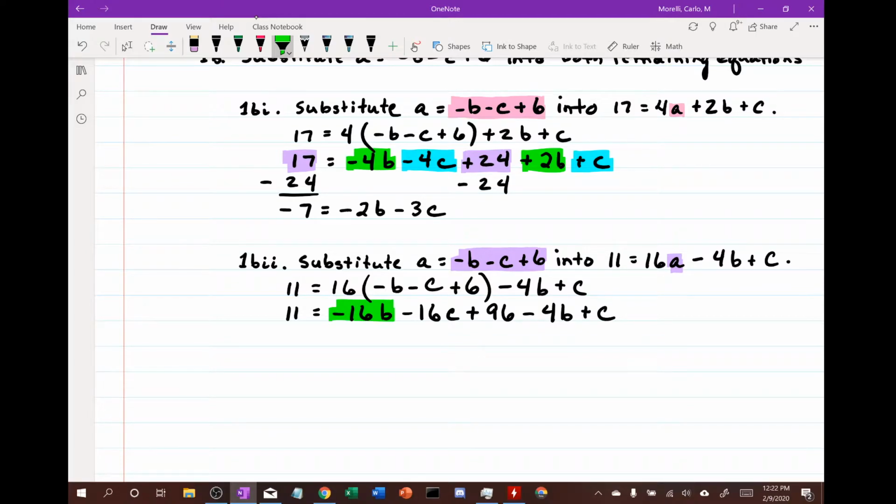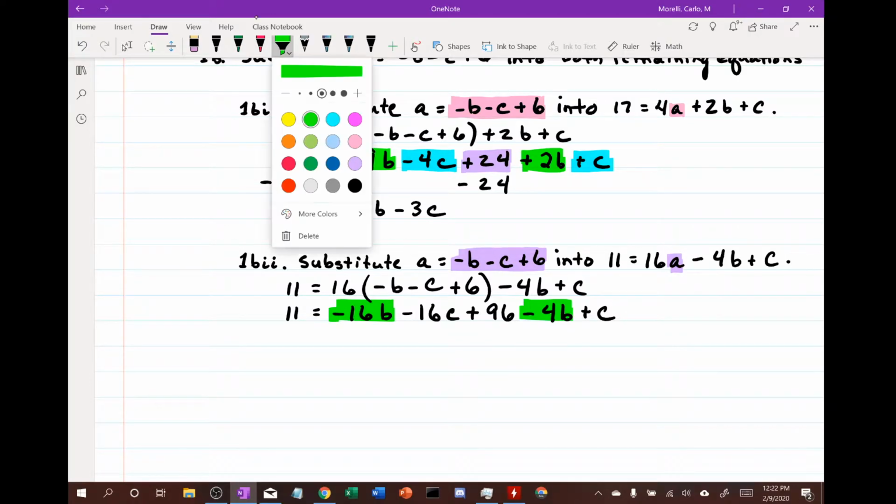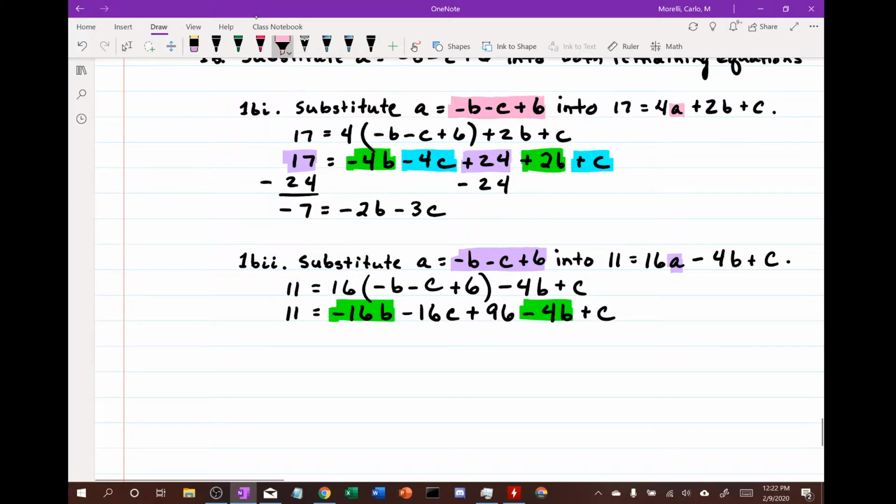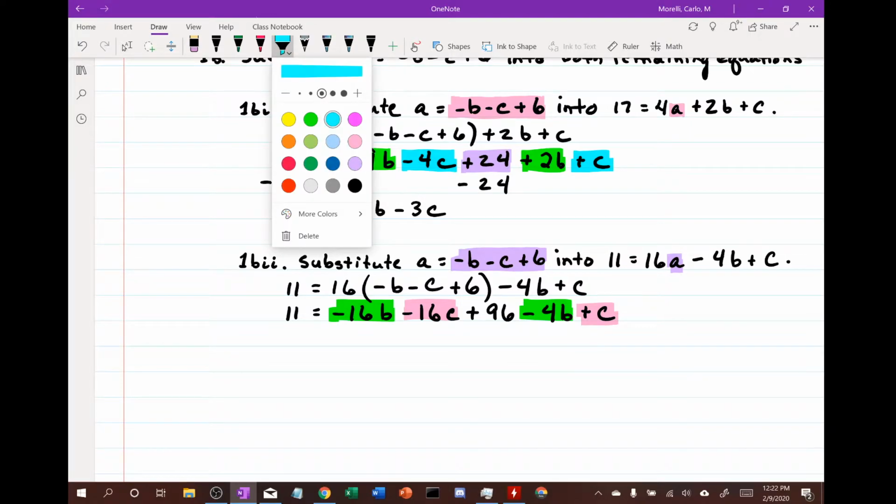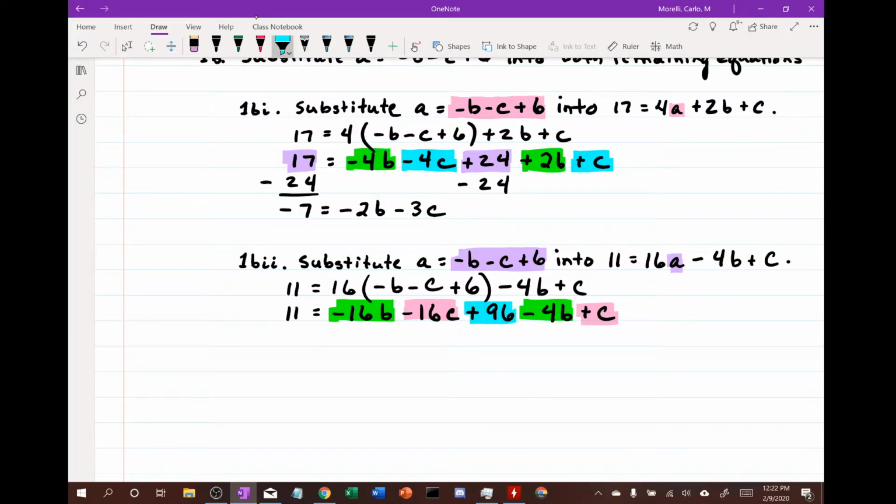So I have here negative 16b and negative 4b. I also have negative 16c and positive c. And finally, I have positive 96 on the right side and positive 11 on the left side.